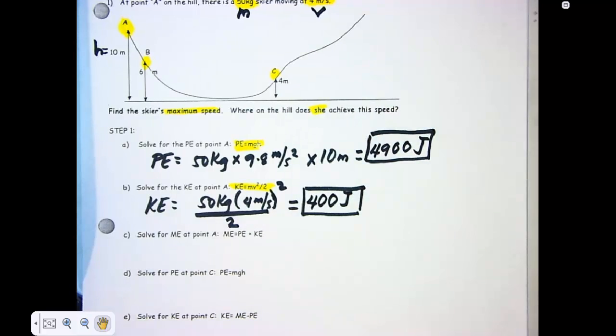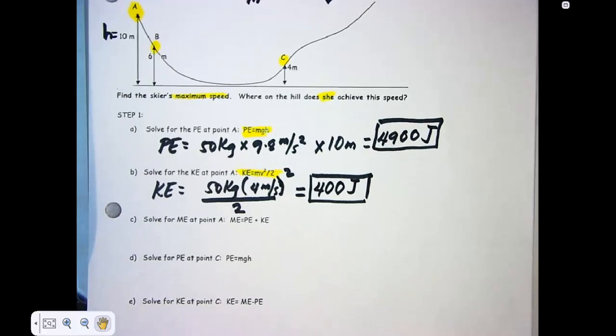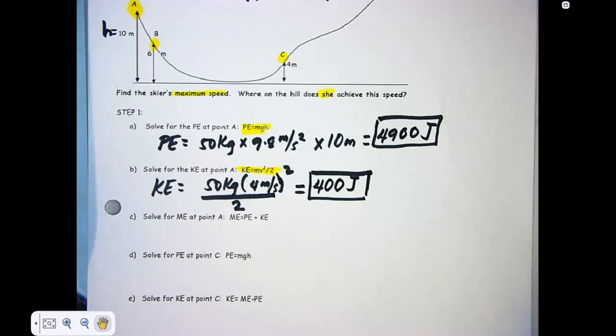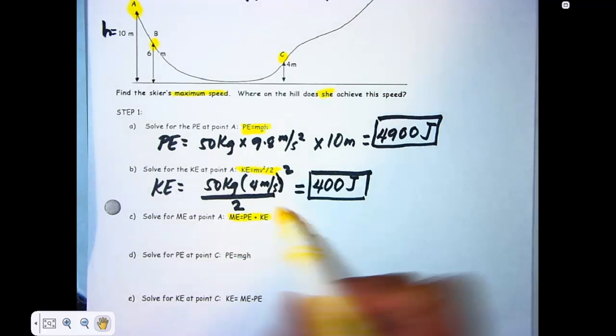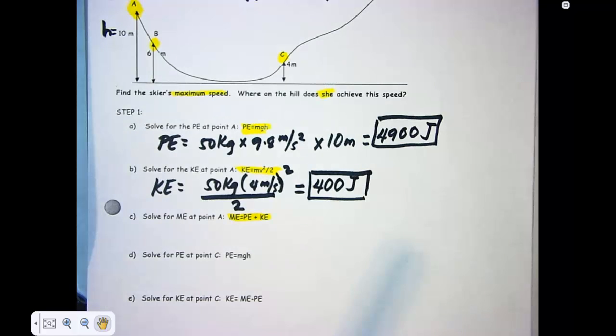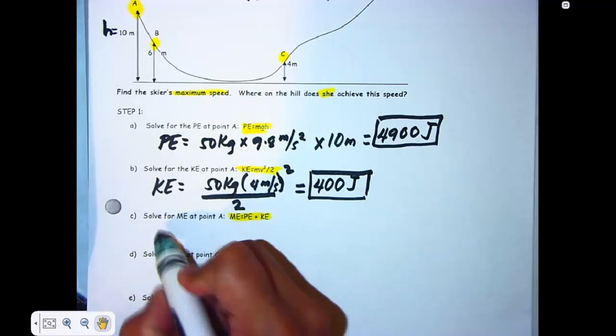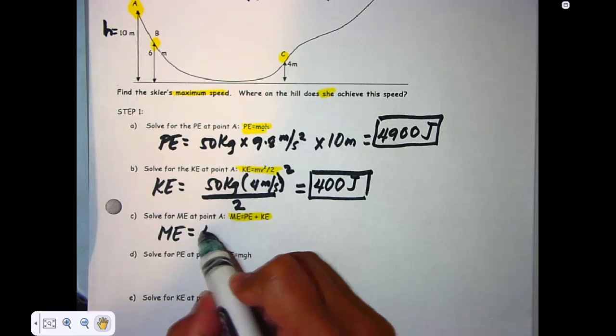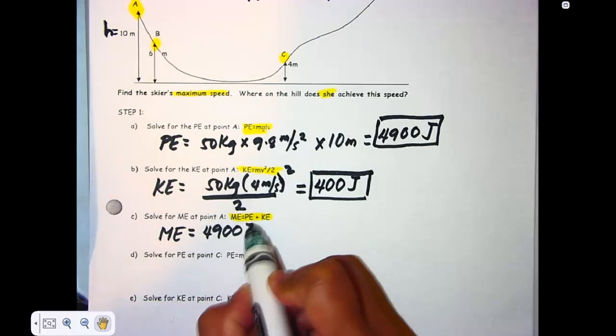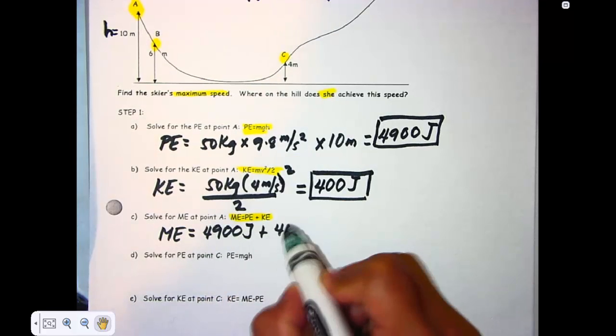Alright, now for letter C, you will solve for the mechanical energy or the total energy of the skier at point A. You will add the potential energy and the kinetic energy at that point. Since we already know both, we plug in the numbers. Potential energy at point A is 4,900 plus 400 joules.